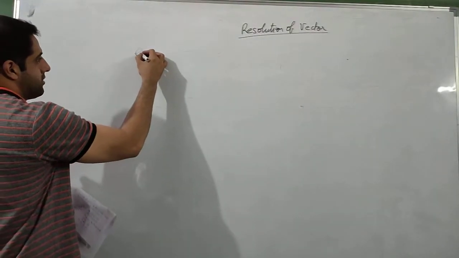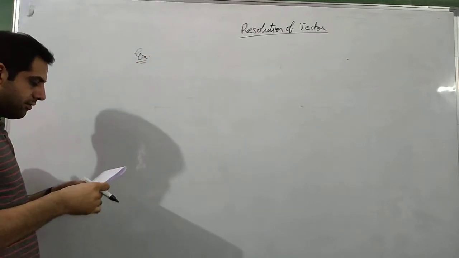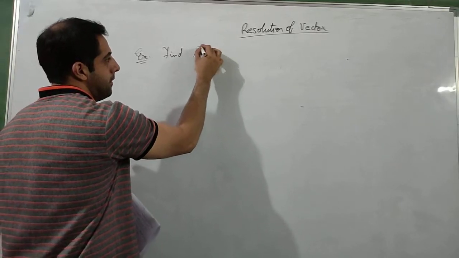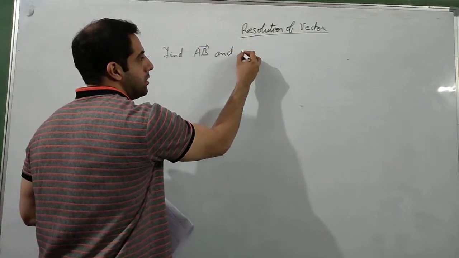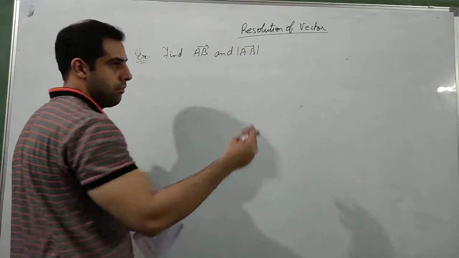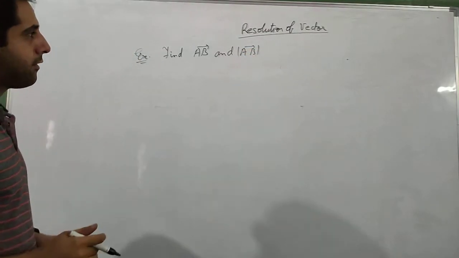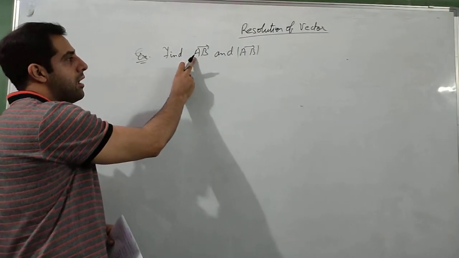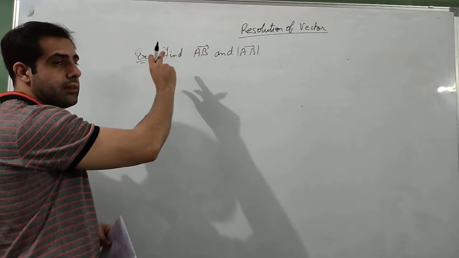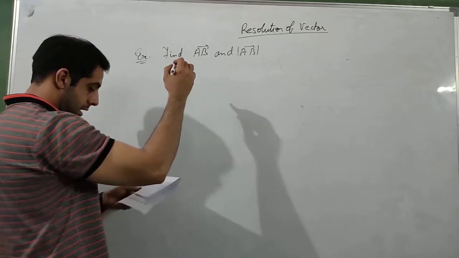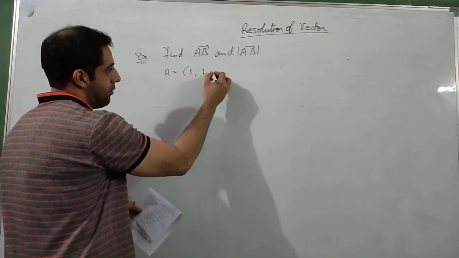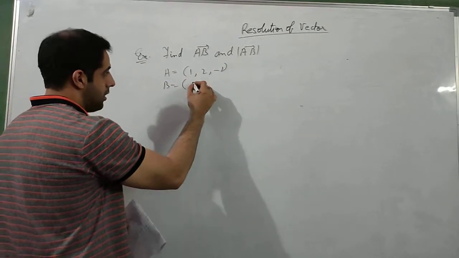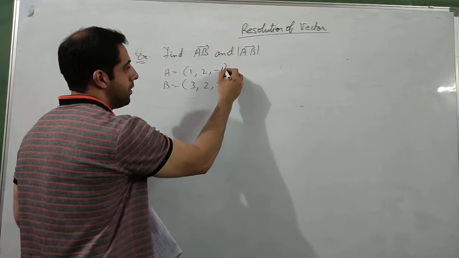We will first do the easier one. We have to find a vector AB and its magnitude when we are given the initial and final points. The initial point in this vector is A, and the final point is B. We are given the coordinates: A's coordinates are 1, 2 and -1, and B's coordinates are 3, 2 and 2.